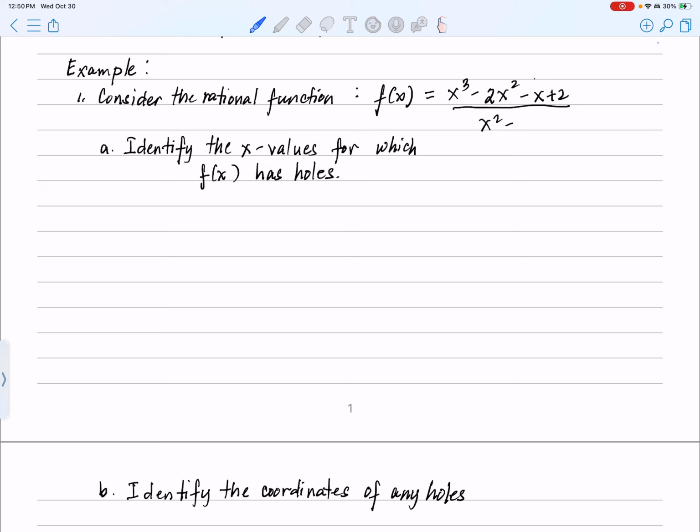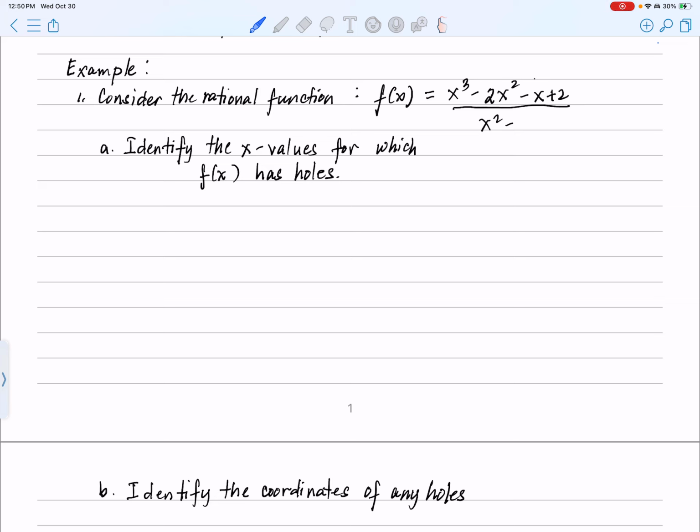Consider the rational function f of x equals x cubed minus 2x squared minus x plus 2 over x squared minus 1. Identify the x values for which f of x has holes.